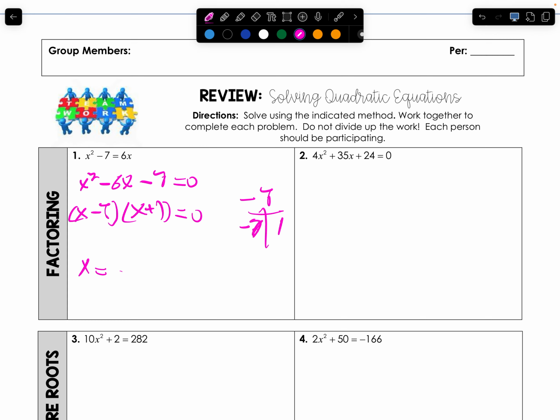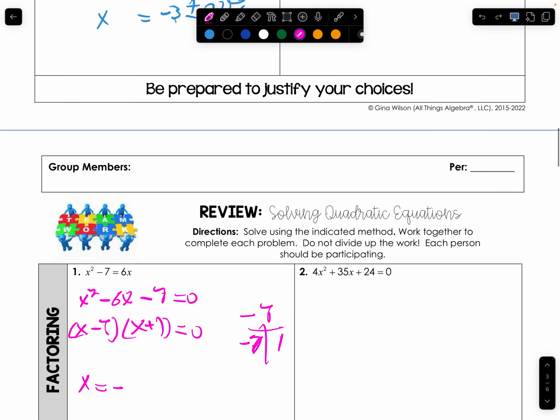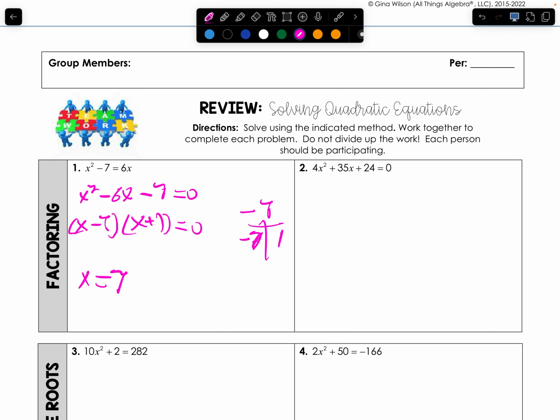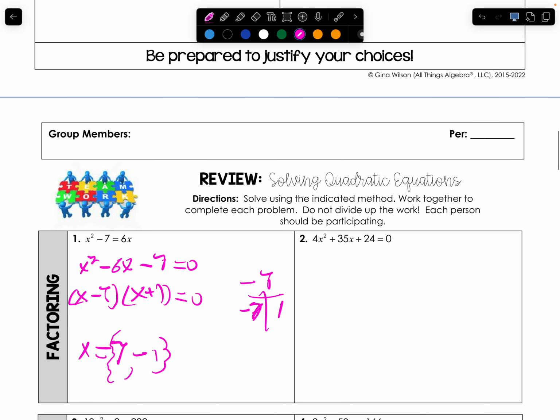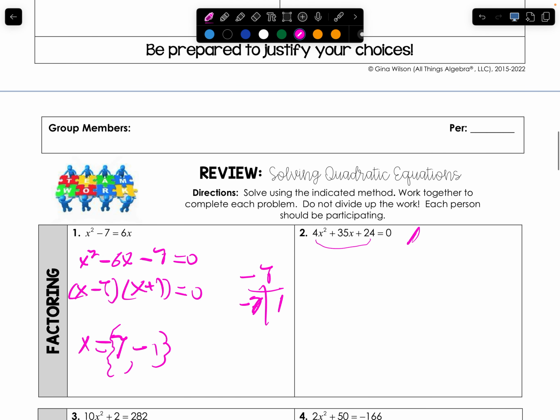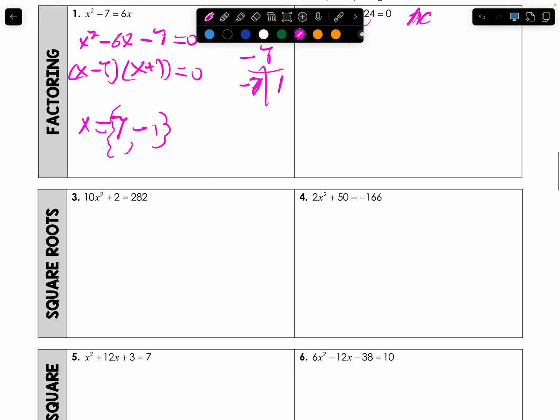So x equals negative 7. I'm sorry, positive 7. And what's the other x? Negative 1. Okay. So this is factoring, right? It says we should factor this. There's some pretty big numbers here, so you've got a lot of work on this one to factor that one. But you can do it with the AC method. I'm not going to do it right now. It would take too much of my video.